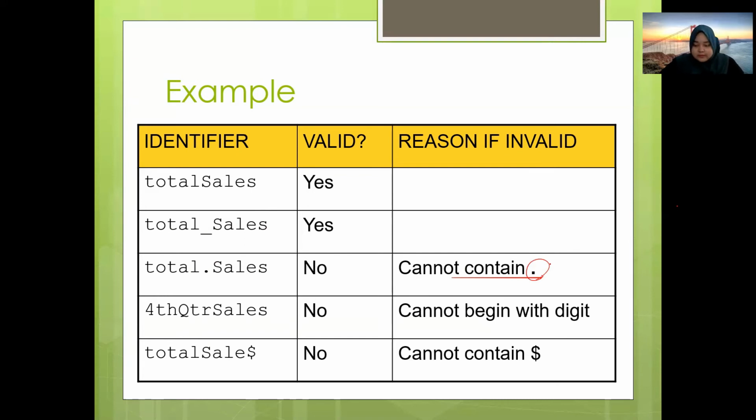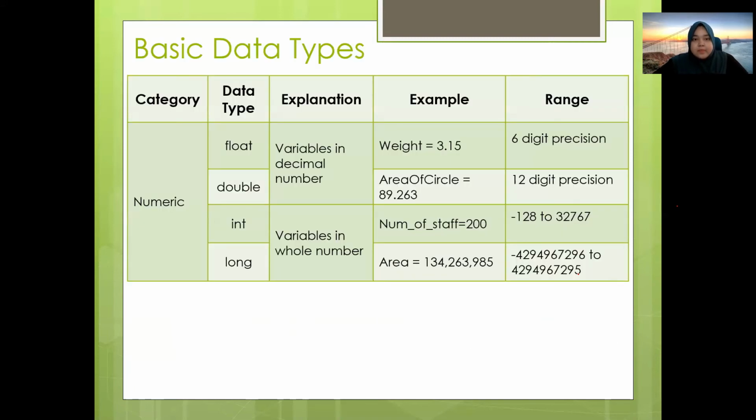Identifier ni tak valid. Okay, next dia buat fourth QTR sales, tak valid juga sebab cannot begin with digit. Total sale dollar, no, cannot contain symbol dollar. So kalau keluar soalan ni tiba-tiba, so you tahulah. Okay, you kena ingat rules naming the variable identifier.